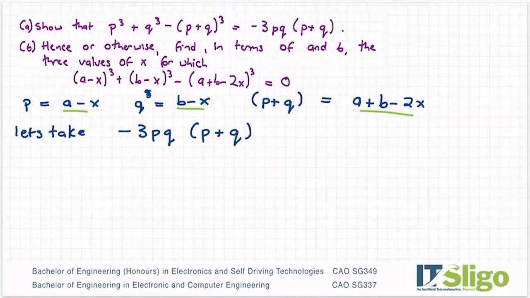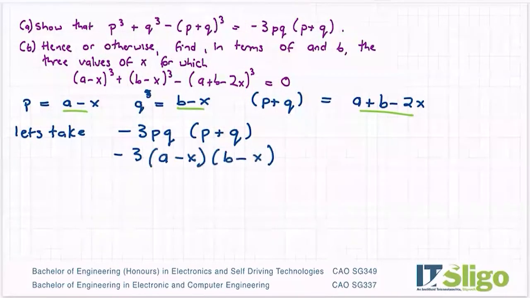So let's try that. So I have minus 3. Instead of P, I'm putting in A minus X. Instead of Q, I'm putting in B minus X. And instead of P plus Q, I'm putting in this, A plus B minus 2X. Okay, and it's equal to 0.